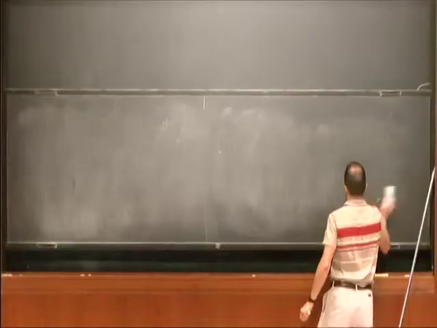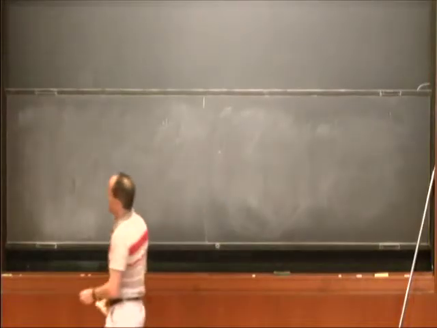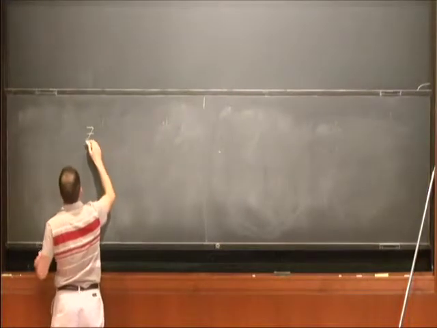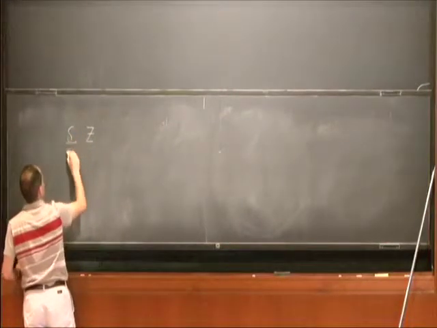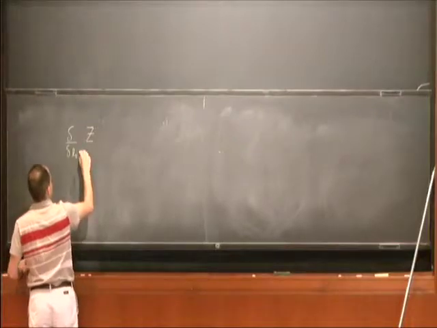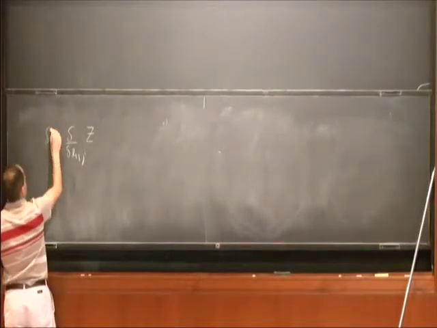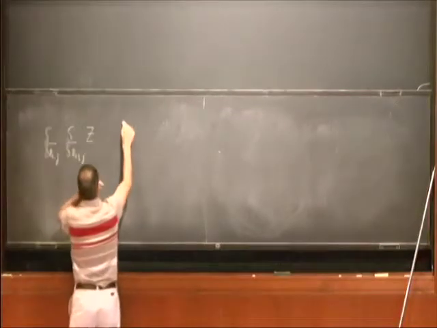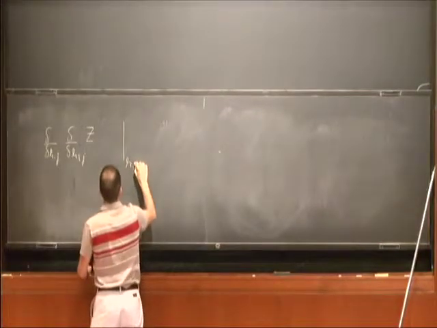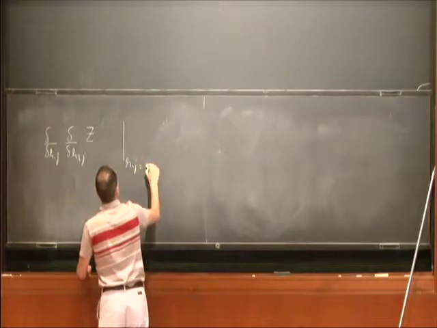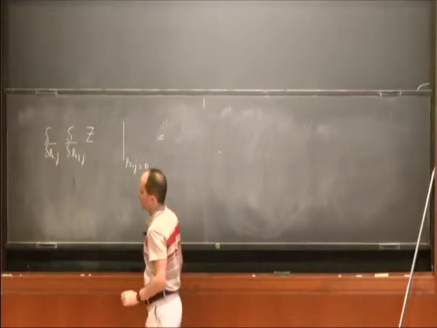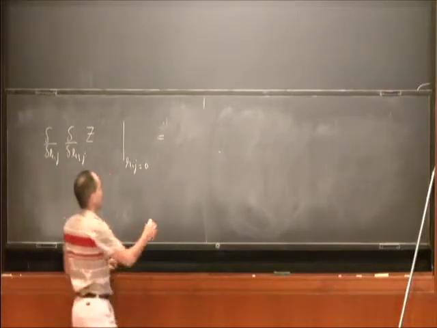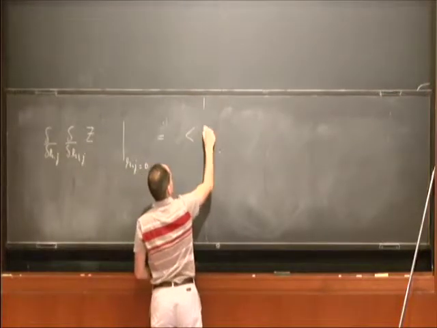Now, okay, now if we took this partition function and we took derivatives with respect to h_ij, let's say we take 2 derivatives for the sake of this argument, and then we set h_ij to 0, that will give us the same as taking the 2-point function of the stress tensor.